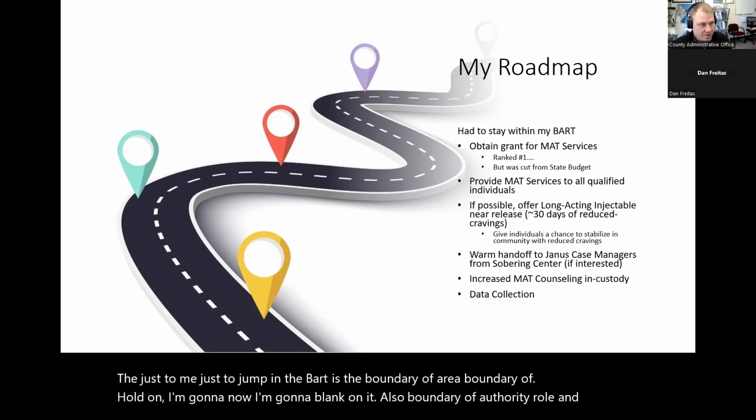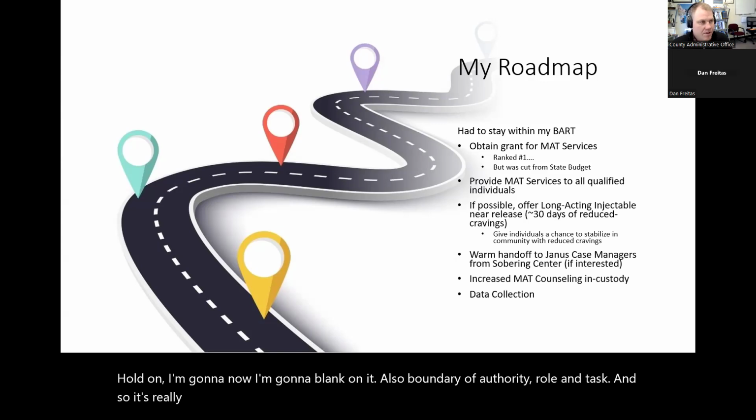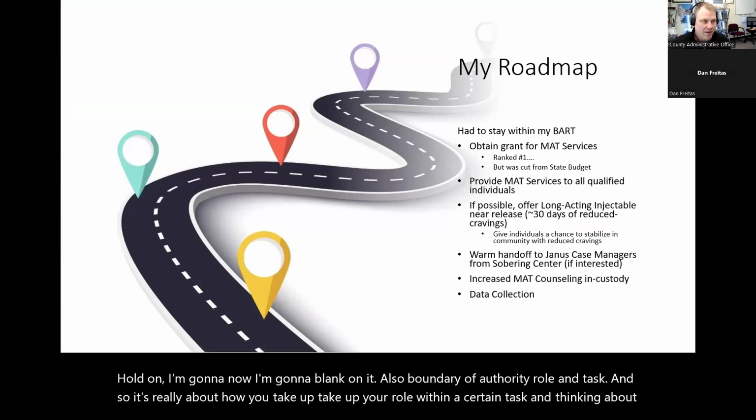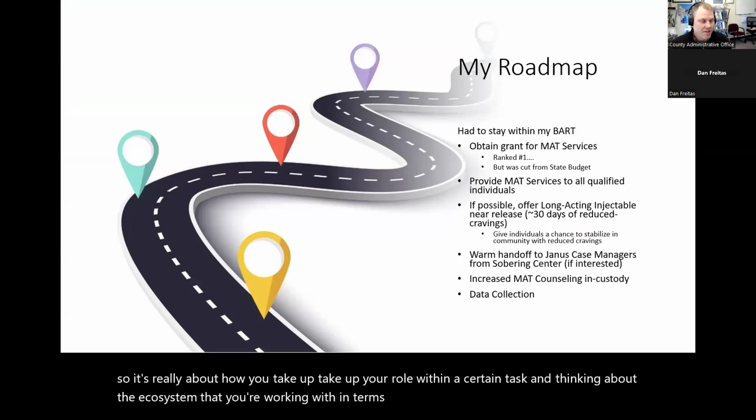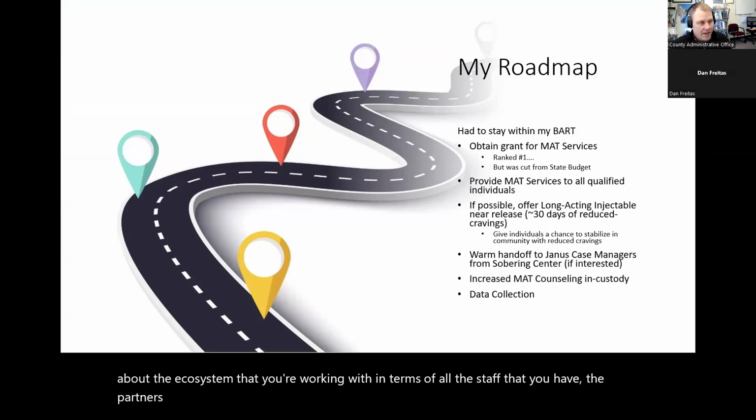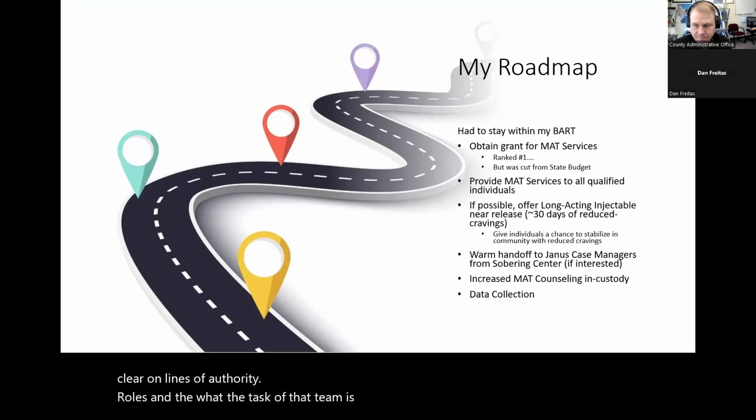And so it's really about how you take up your role within a certain task, and thinking about the ecosystem that you're working with in terms of all the staff that you have, the partners that you're working with, and making sure that as you all come together that you're clear on lines of authority, roles, and what the task of that team is going to be. Way better than I could have said it.